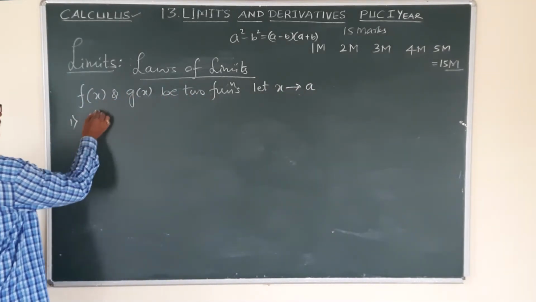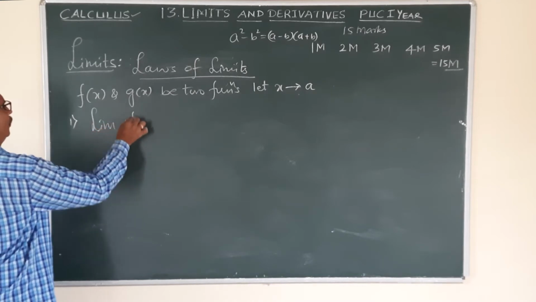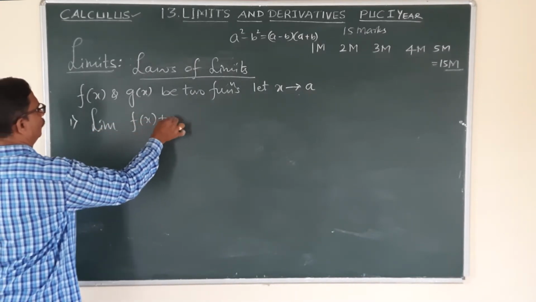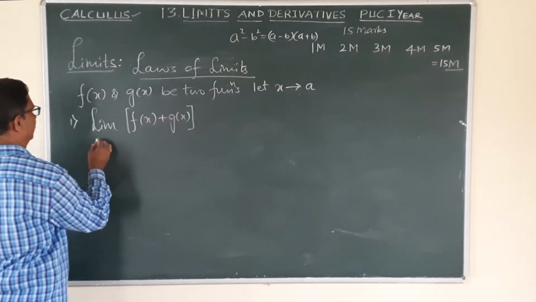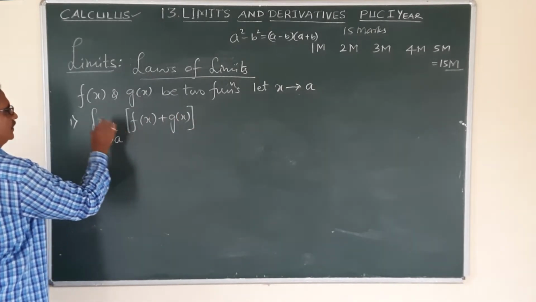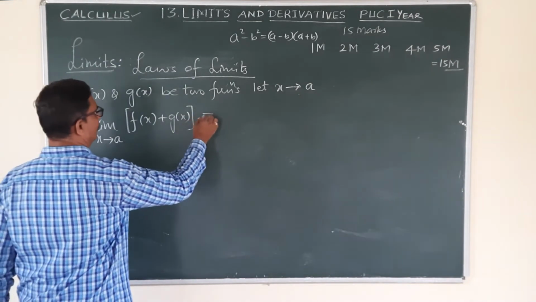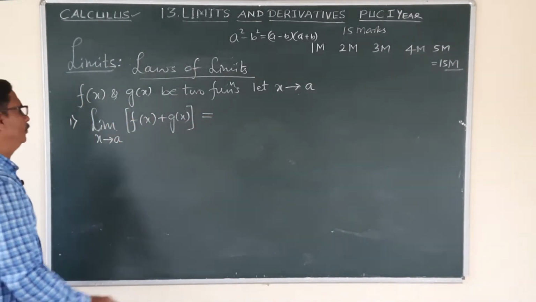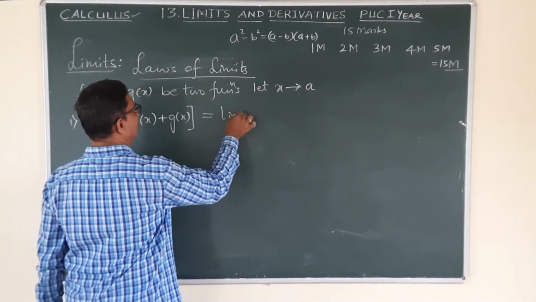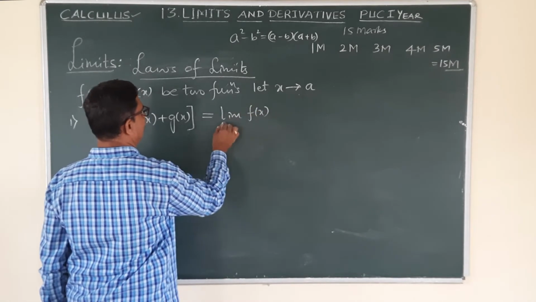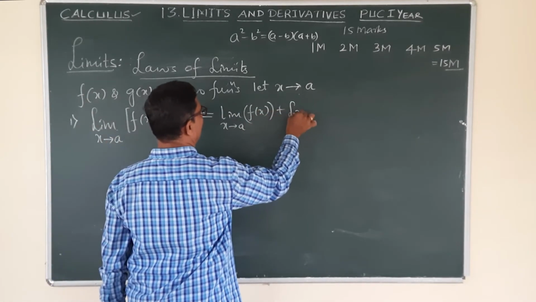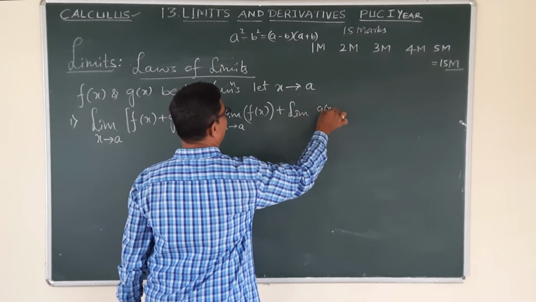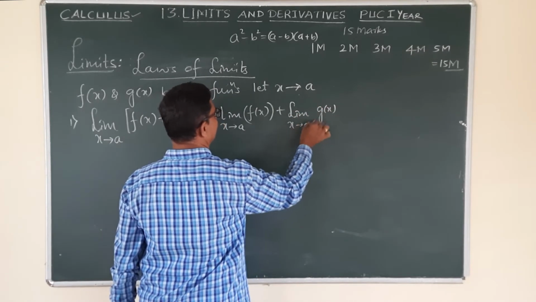Then the first law says the limit of the sum of two functions, limit of f of x plus g of x as x approaches a, is equal to, now split up the limit: limit of the first function as x approaches a plus limit of the second function as x approaches a.